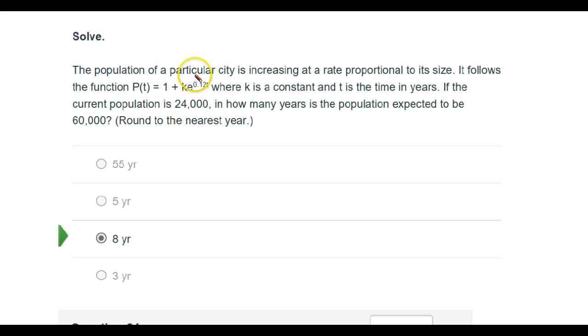The population of a particular city is increasing at a rate proportional to its size.